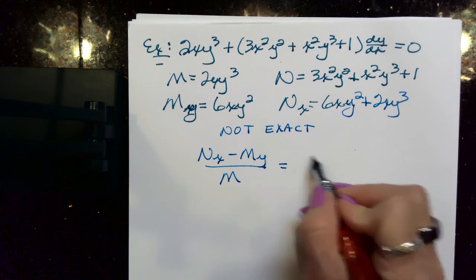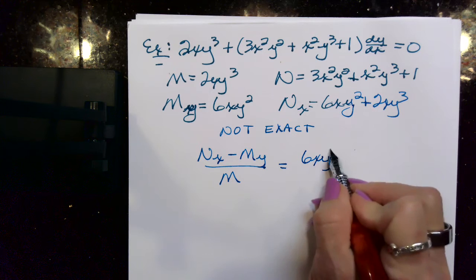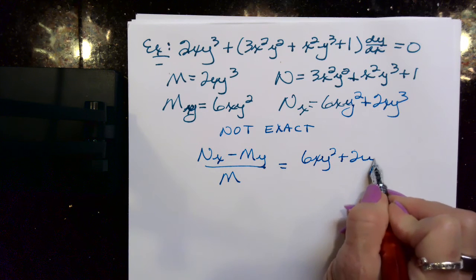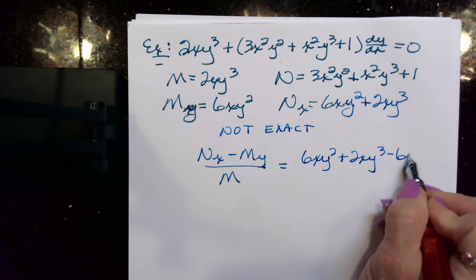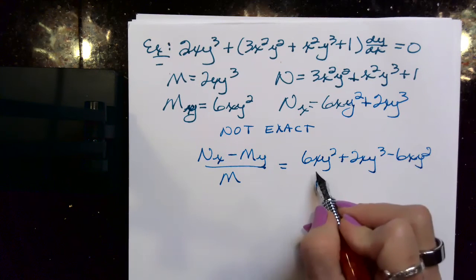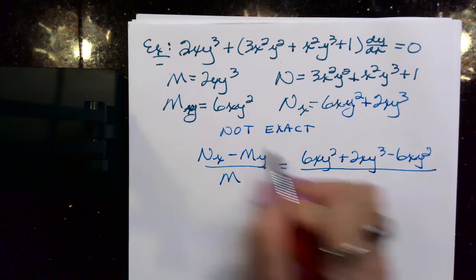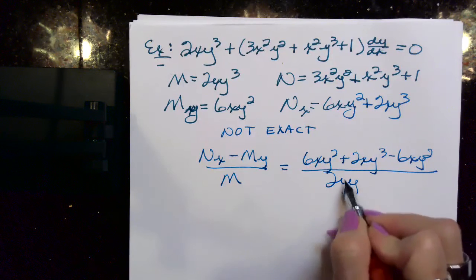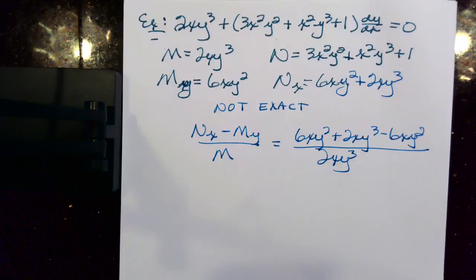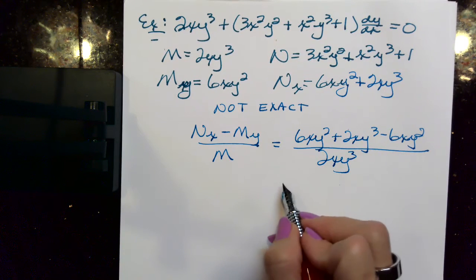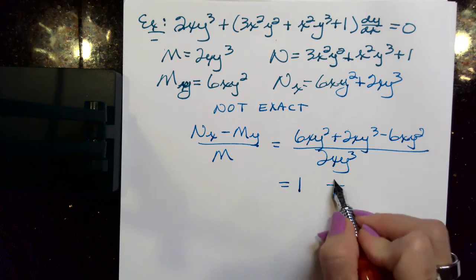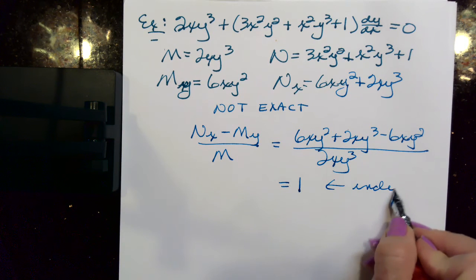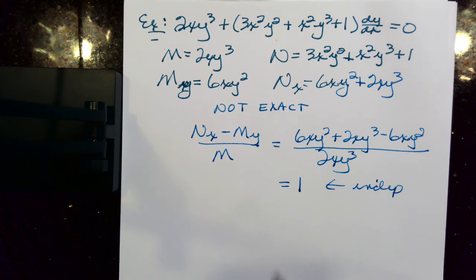So n sub x, that'll be 6xy squared plus 2xy cubed minus 6xy squared divided by m, which is 2xy cubed. Okay, and notice that that gives me 1. And 1 is independent. In this case, we needed it to be independent of x.